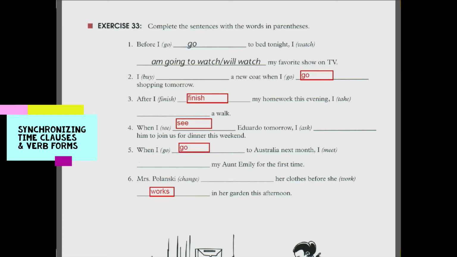I am going to bed. We use the future tense for this. Going to buy a new coat, and after I finish my homework this evening, I'm going to take a walk. I use a future verb.